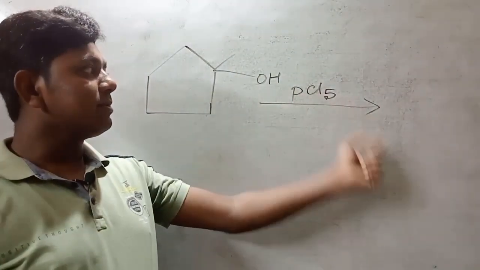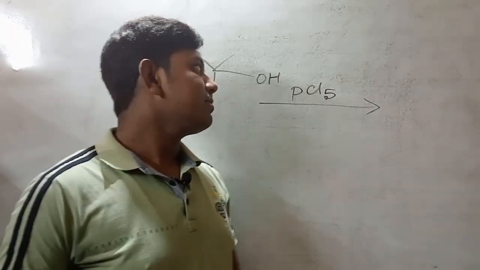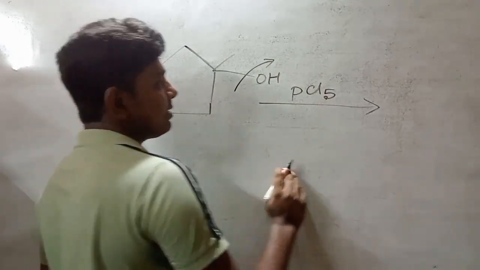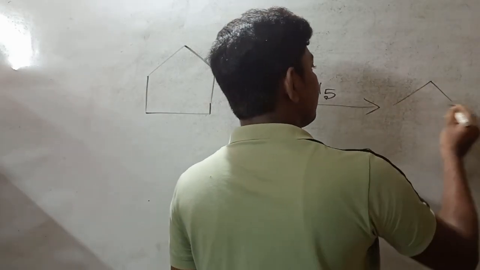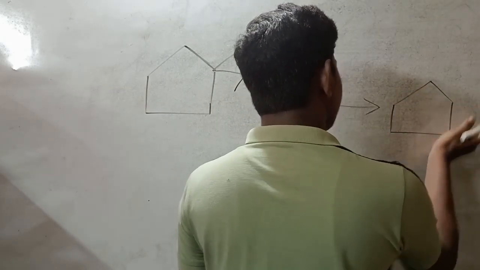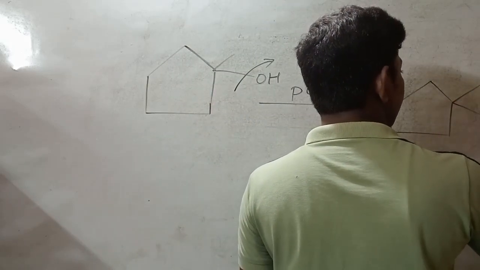So after the reaction, the OH is removed and Cl is added. So this is chlorine.